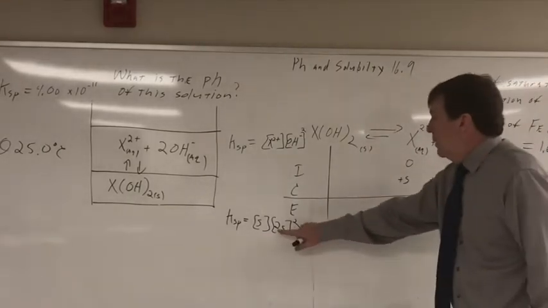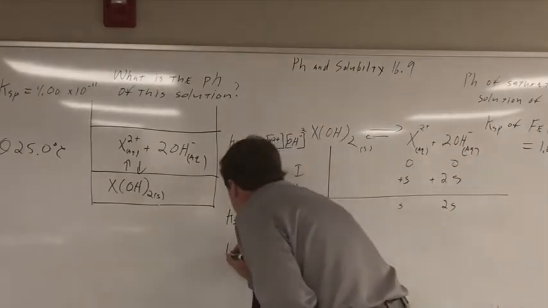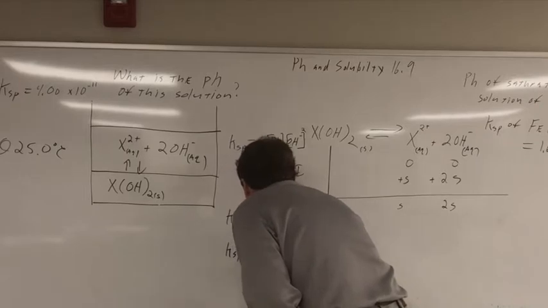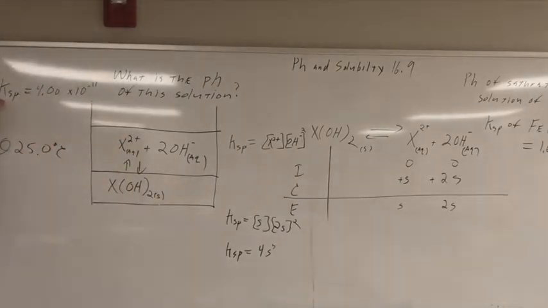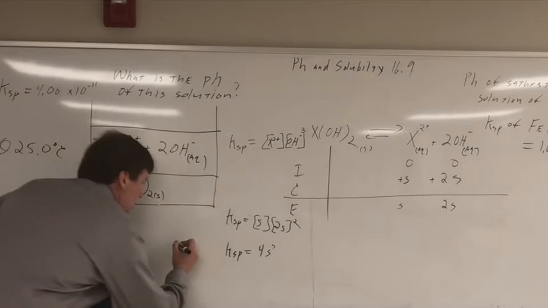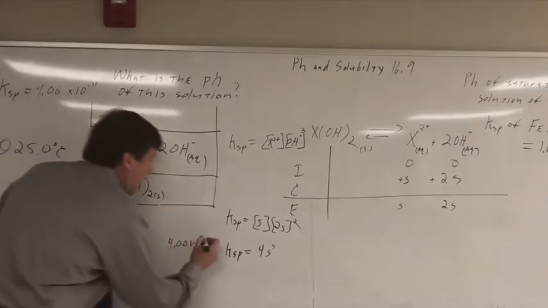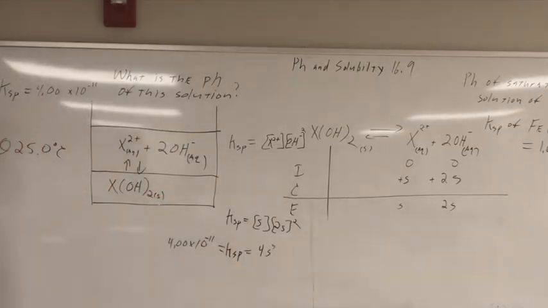Well, notice, take 2s and square it, and then times that by s, so we'll have Ksp equaling 4s cubed. We know the value of Ksp here, it's given for 25 degrees Celsius, so let's substitute in this value here. So we've got 4.00 times 10 to the negative 11th. That equals the Ksp, and that equals 4s cubed.